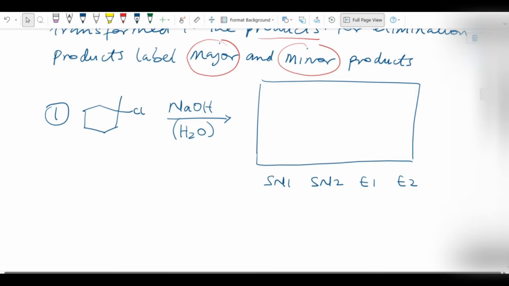So whenever we want to determine the mechanism of this reaction, the first thing we want to ask ourselves is, what are the factors that could help us determine the mechanism of this reaction? One, we have the alkyl halide, so we should definitely determine what kind of alkyl halide we have. Then we should also ascertain what kind of nucleophile or base we have.